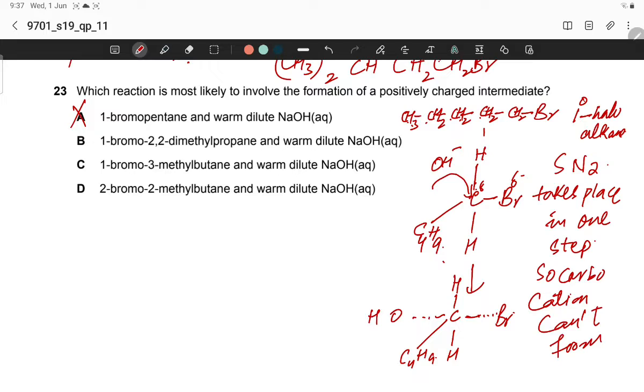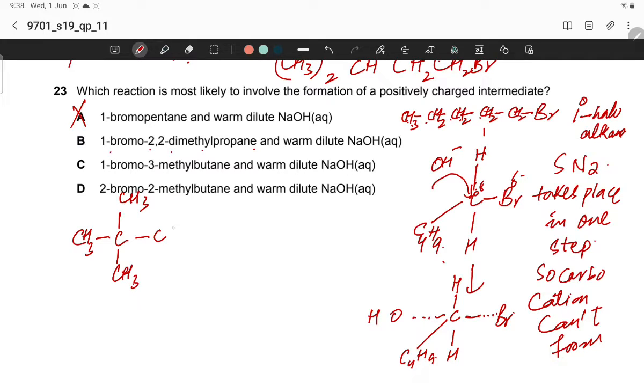Next, B is 1-bromo-2,2-dimethylpropane with warm dilute sodium hydroxide. This is propane 2,2, CH3, CH3, CH3. Two dimethyl propane.